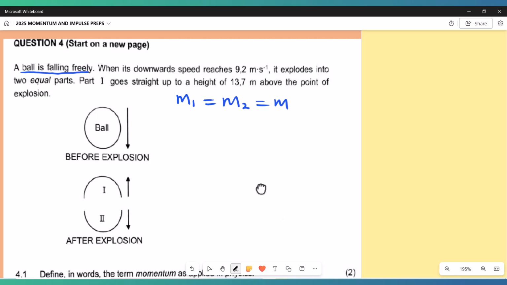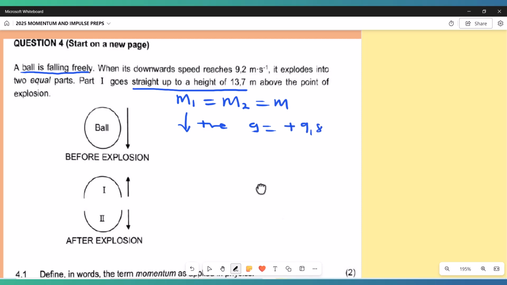It goes straight up to this height here, 13.7 meters. So I can choose down as positive. If I choose down as positive in projectiles, it means my gravity is what? It is positive 9.8.